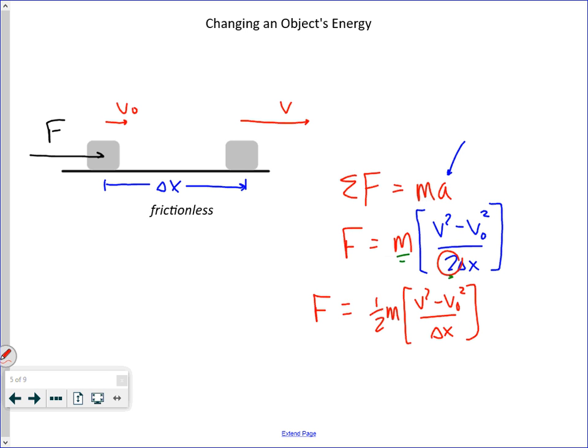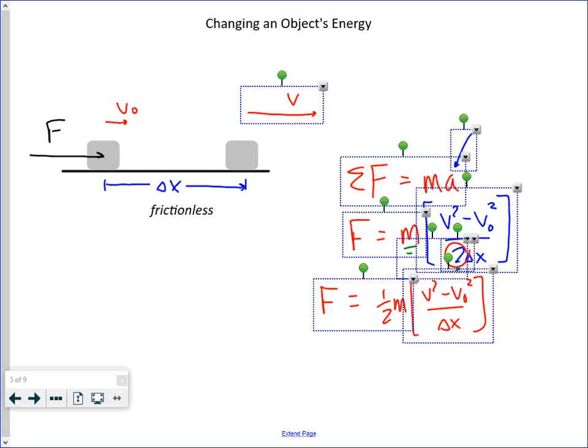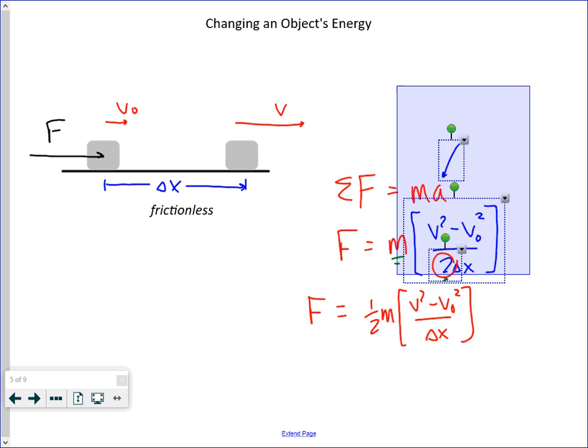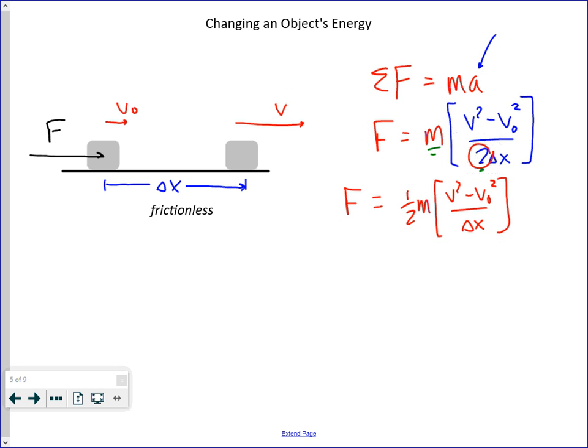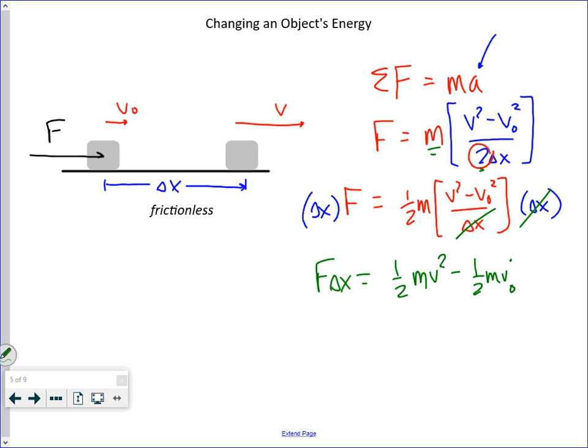So that means if I'm careful, specifically if I do this on both sides, I get F delta x is, well, look, 1/2 mv squared minus 1/2 mv naught squared.